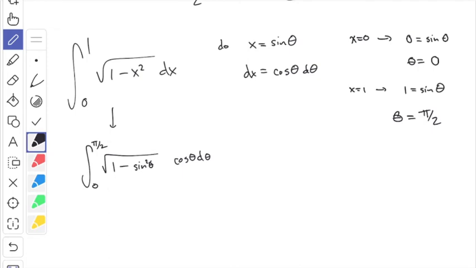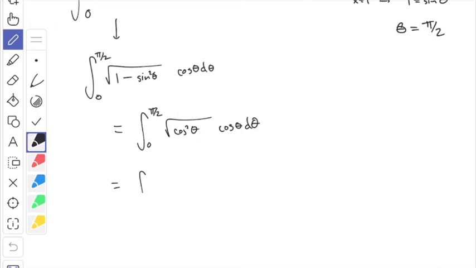This does not look all that simpler, but we can simplify, actually. Anybody have a suggestion how we can simplify this? That's right. 1 minus sine squared is cosine squared. So we have square root of cosine squared theta, cosine theta, d theta.